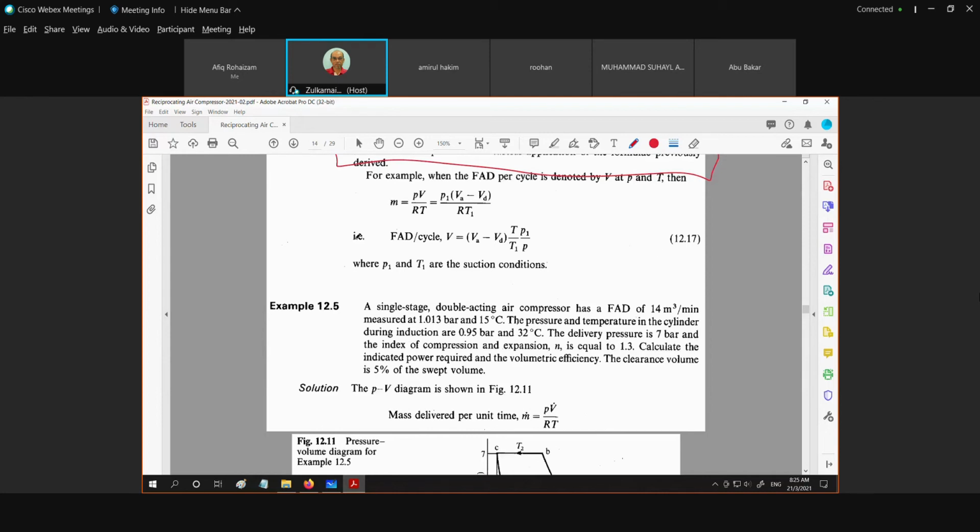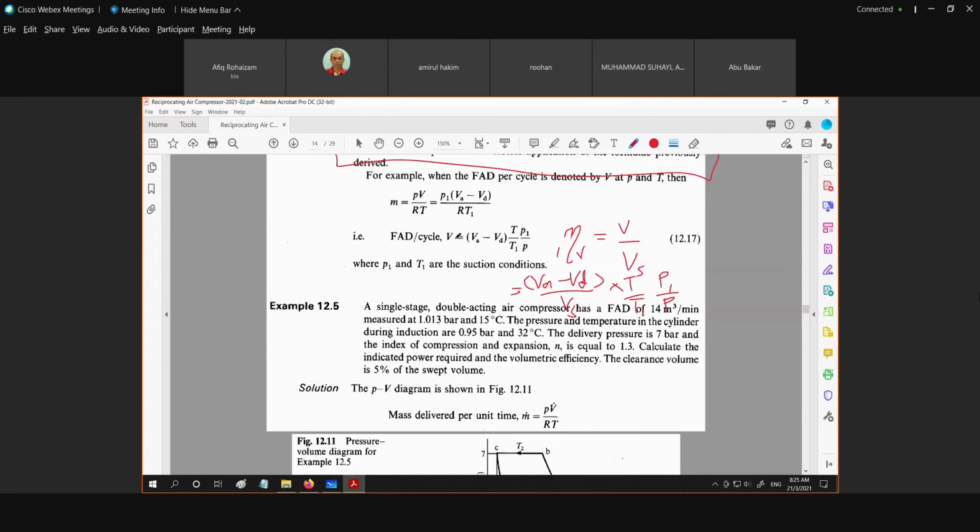And if we look at its volumetric efficiency, this is our V, we find that the volumetric efficiency will be VA minus VD in brackets, divided by VS, multiplied by T1 over T2. Okay. So this is our volumetric efficiency. What is this V? This V is the V per cycle. Okay, per cycle.